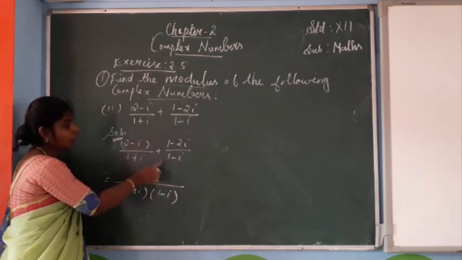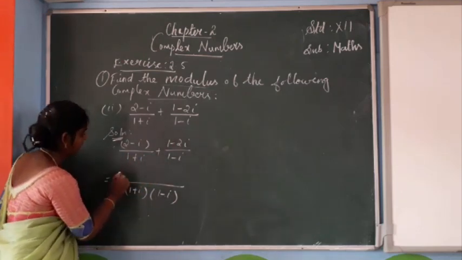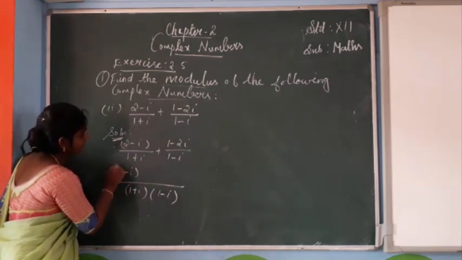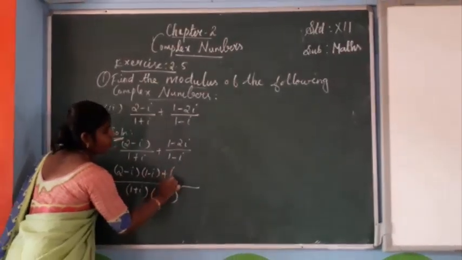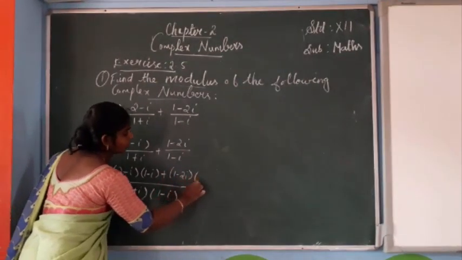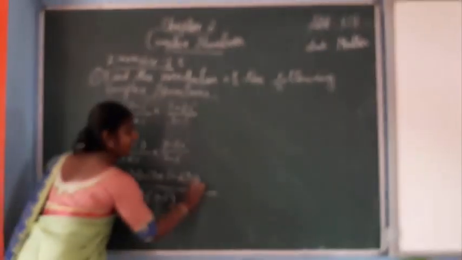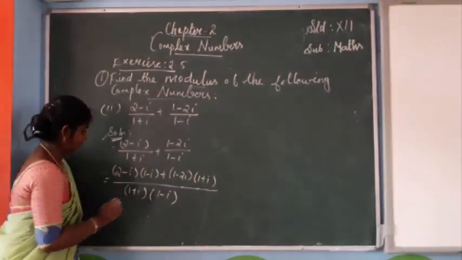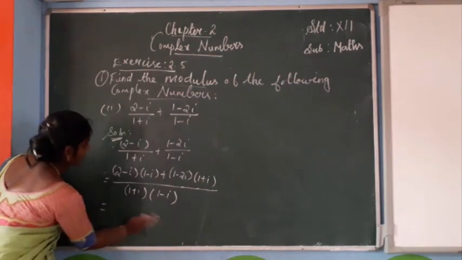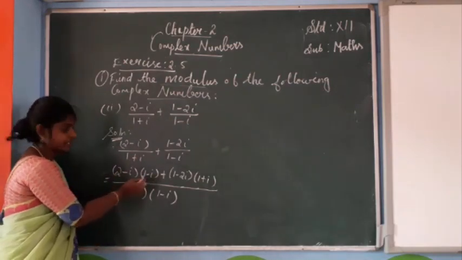So we can cross multiply the values. (2 minus i) into (1 minus i) plus (1 minus 2i) into (1 plus i). Then we take the product.